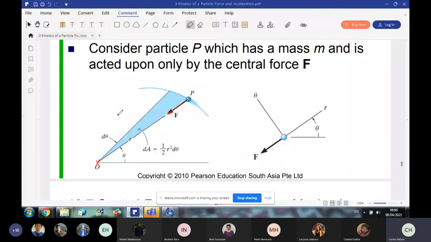So we take a line passing through the fixed point as our reference line. And theta is the angle defined between the reference line and the position vector. So this is theta.